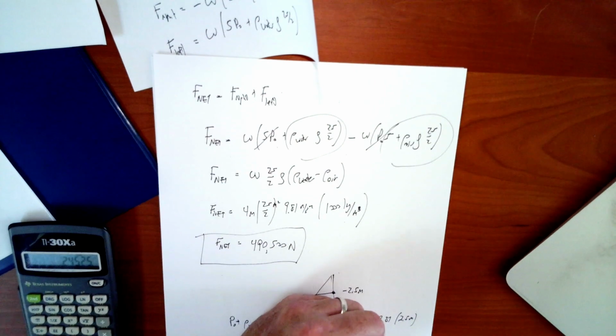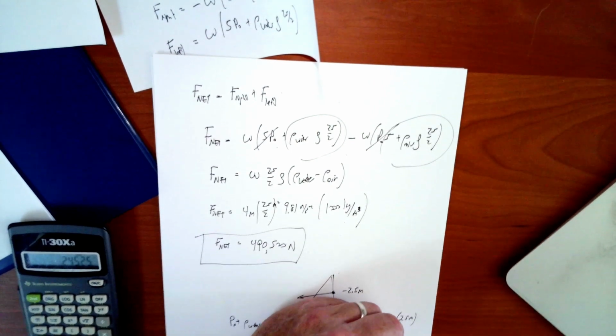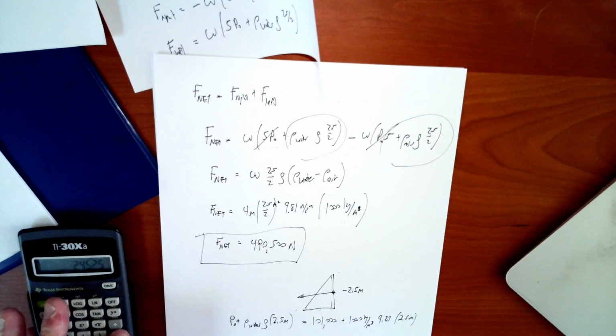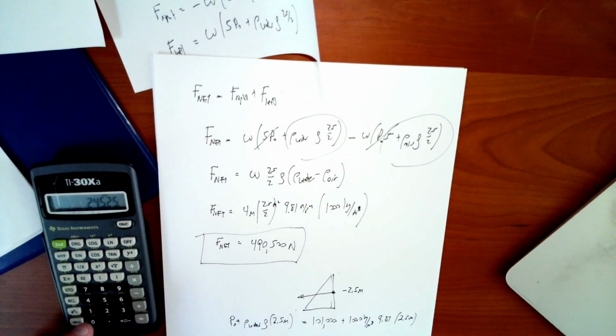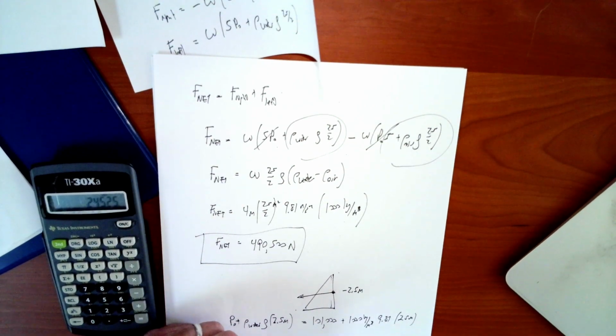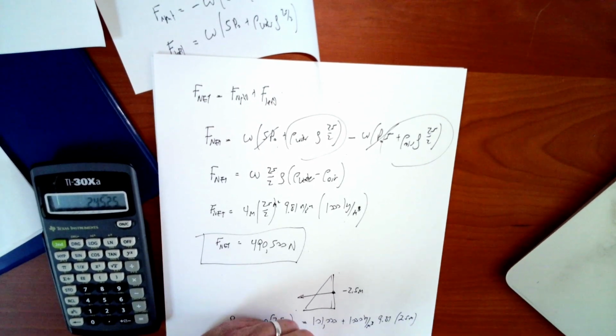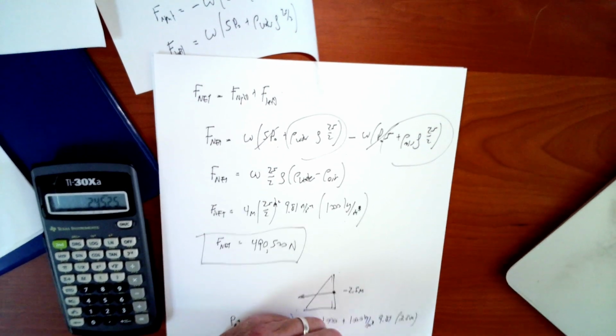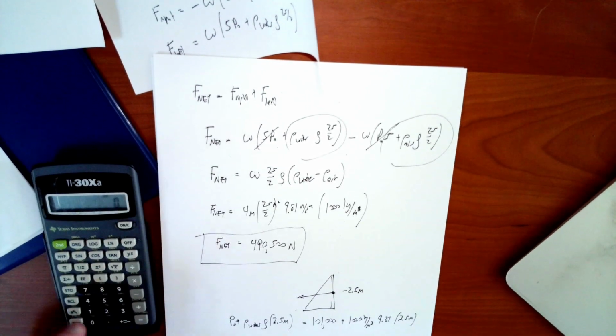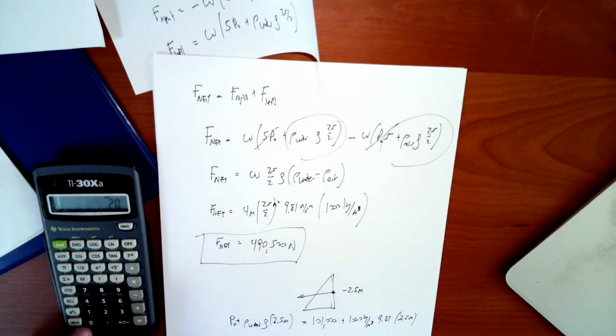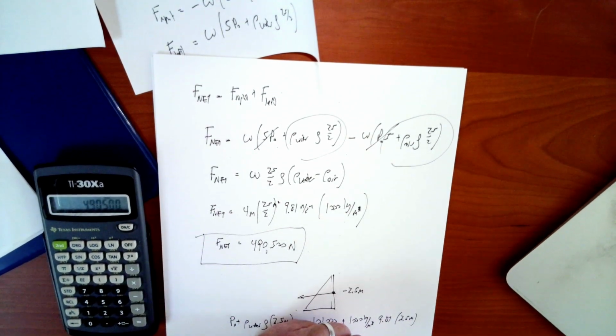The gauge pressure is 24,525. If I take that and multiply it by the area, which is just 4 times 5, so I have 24,525 newtons per meter squared of gauge pressure times 4 meters times 5 meters. What does that equal? 20 times 24,525. That's the same answer.